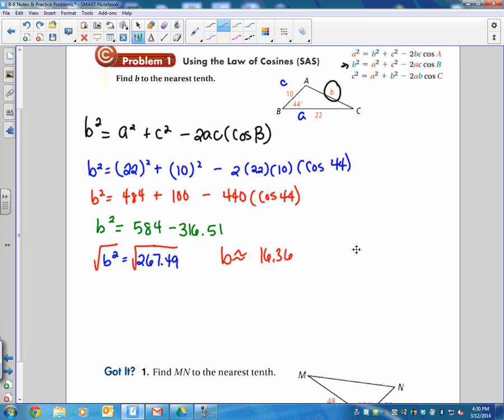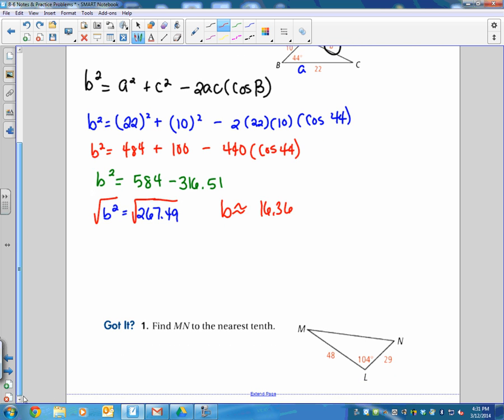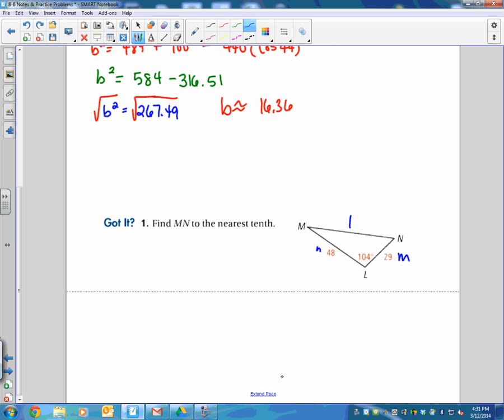Then if I move on and I want to use the same concept here, I'm going to try to get the missing side, but I don't have A, B, and C for this one. So I can, if I want to, make this lowercase l, lowercase m, and lowercase n, or I could go ahead and use the side segments as well.